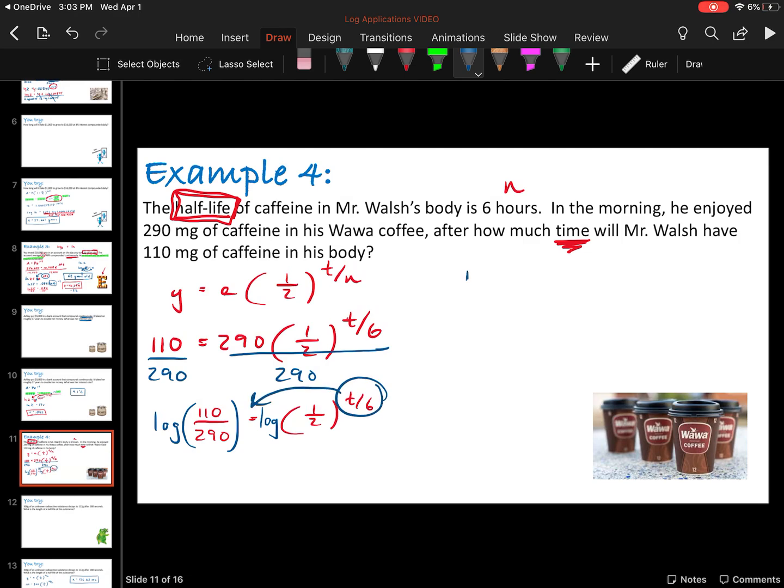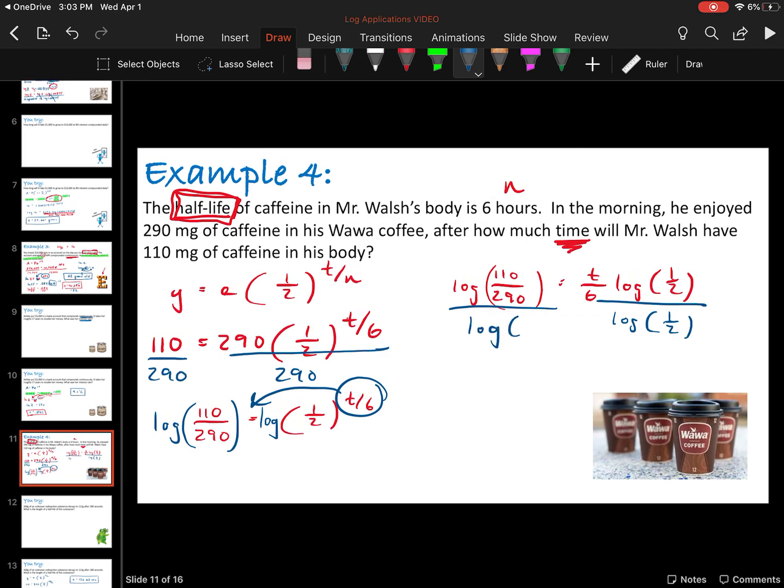The exponent's going to drop down out front, so you have T over 6. You have log of 110 over 290 equals T over 6 times log of 1/2. I'm going to divide by log of 1/2 on both sides.